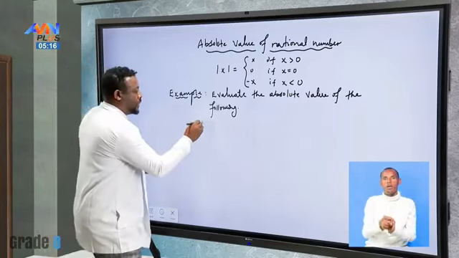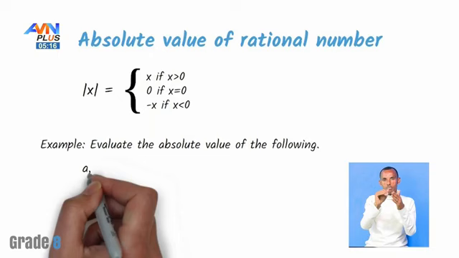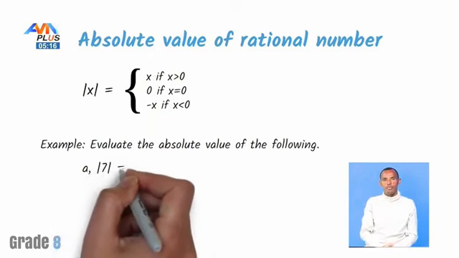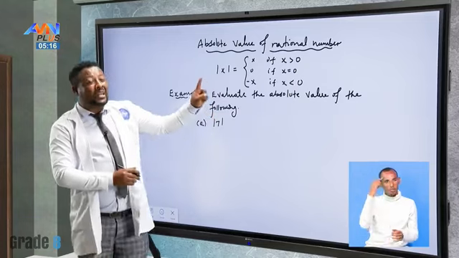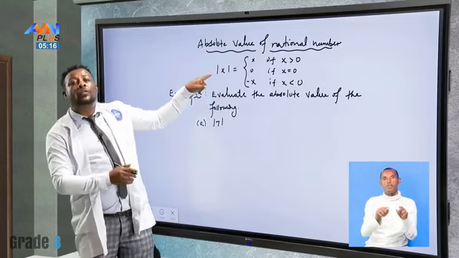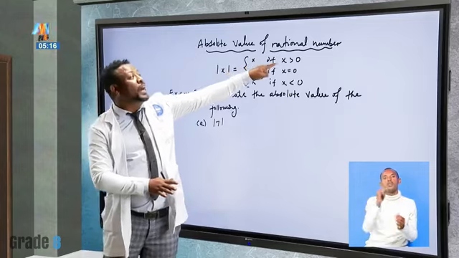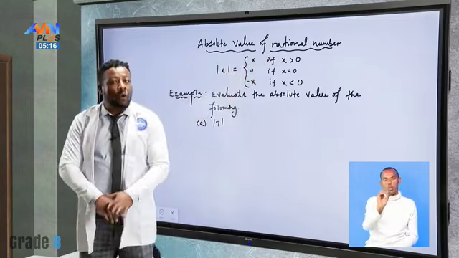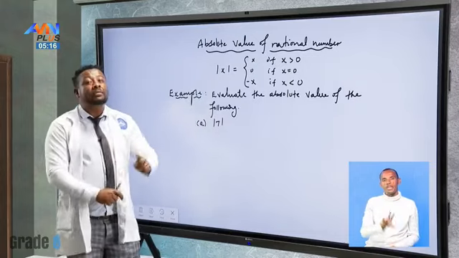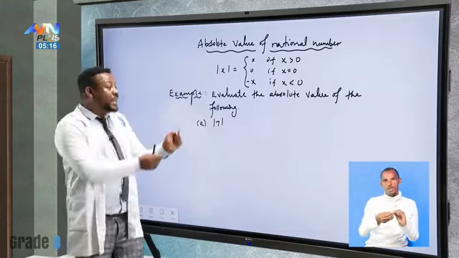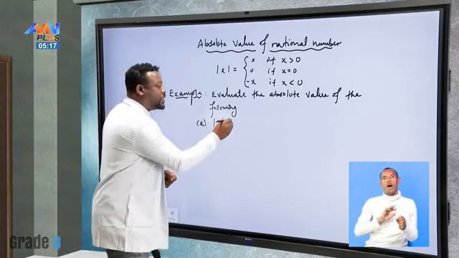For example, if we are asked to evaluate the absolute value of some number, say 7, the result will be 7. Remember, the definition of absolute value of any number is the number itself if that number is greater than 0, or if that number is positive, right? So, since 7 is a positive number, the absolute value of 7 is 7 itself, right? So, our answer will be 7.